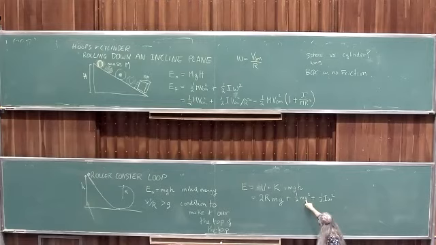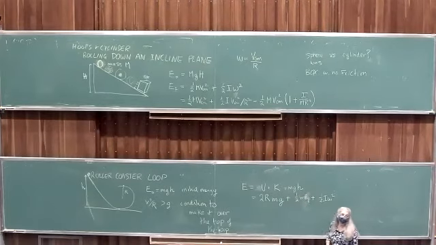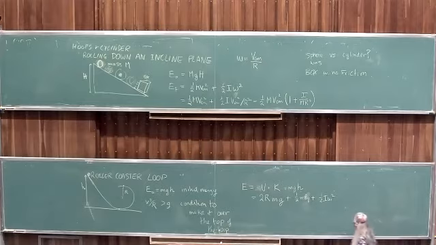But we need to put this condition here. So we replace v squared with Rg. So we put Rg here, and we just set these two to be equal. You can solve for h and you'll know what the height is that you need to get over the loop.